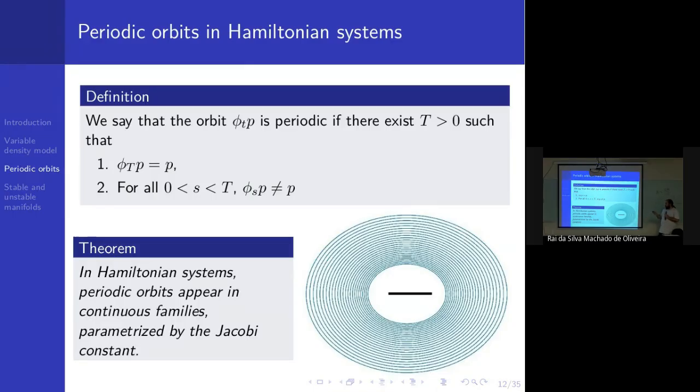Also, it's possible to parameterize these periodic orbits by the Jacobi constant. So, locally speaking, each one of these orbits has one value of the Jacobi constant. So, if you move along the family of periodic orbits, you change the value of the Jacobi constant.